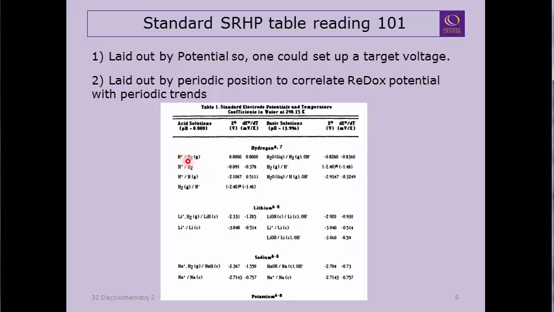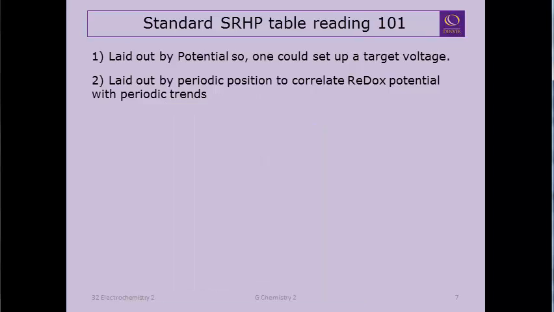So we're on the left-hand side, the first column, the first family, and you'll notice here's hydrogen, here's lithium, and you're working your way down sodium and potassium and on and on. That way you can just do comparisons. So for example, lithium is a little lower on the chart, at negative 2.92 volts, than sodium at negative 2.72 volts. So you can compare those in terms of oxidation potential.